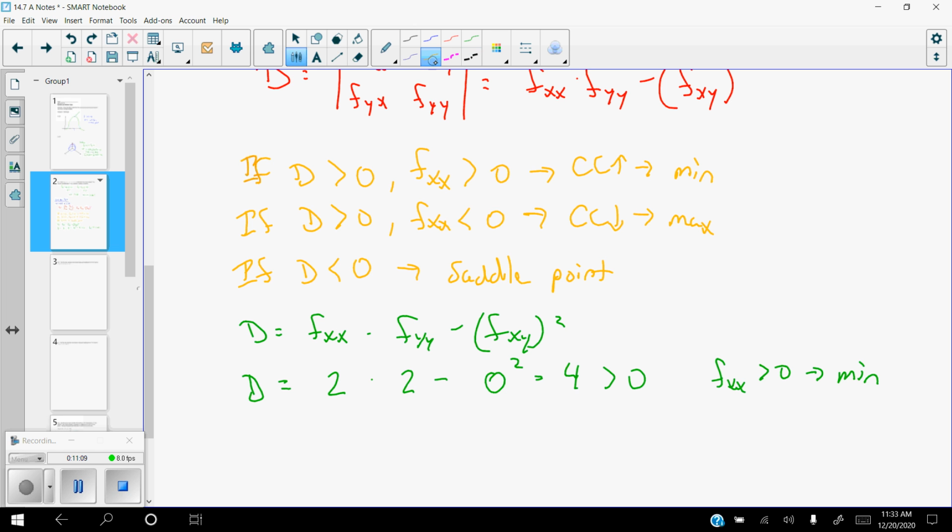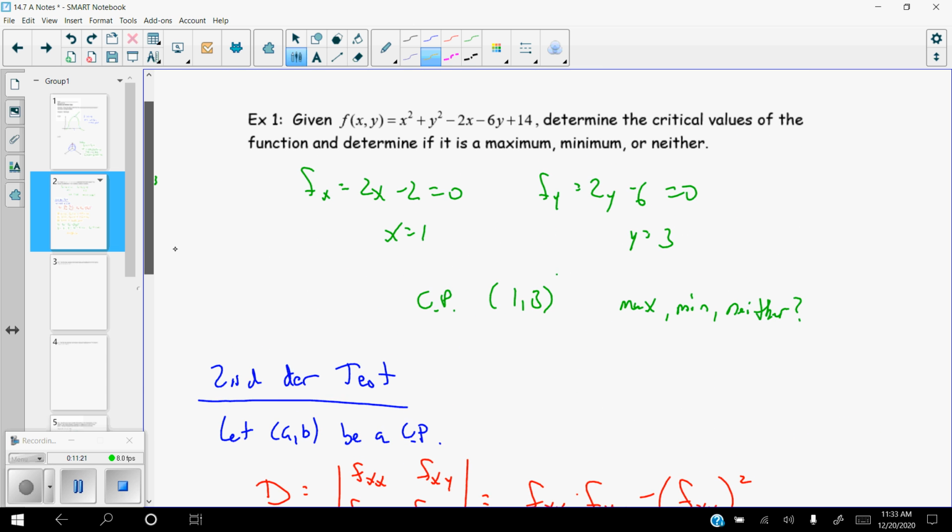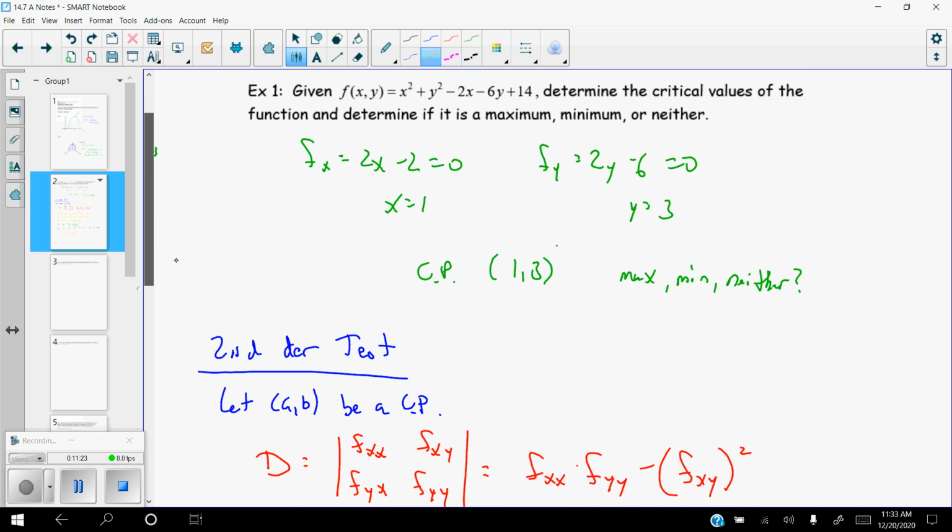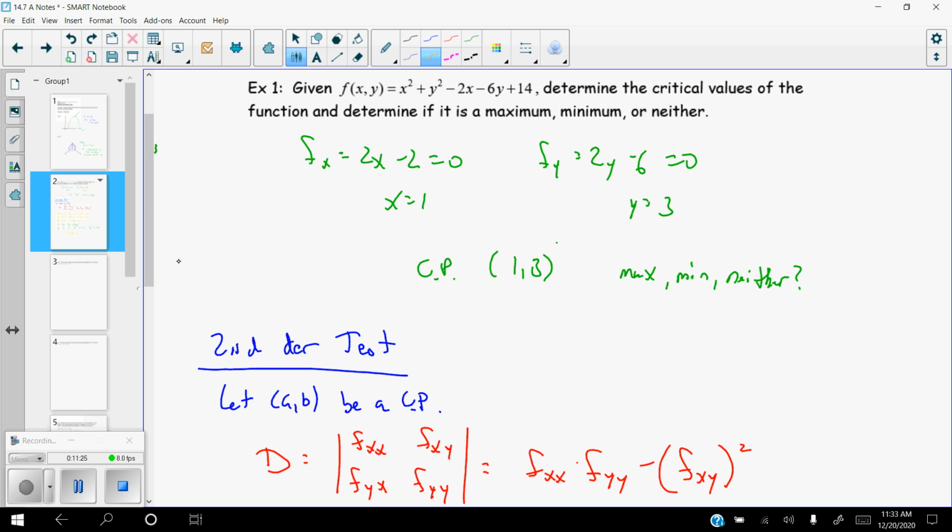So our minimum is going to be at the point 1, 3, and then we have to find the z value. Could they give that to us? No, we have to plug that back in. If you plug 1 and 3 back in, you're going to get 1 plus 9, which is 10, minus 2 is 8.